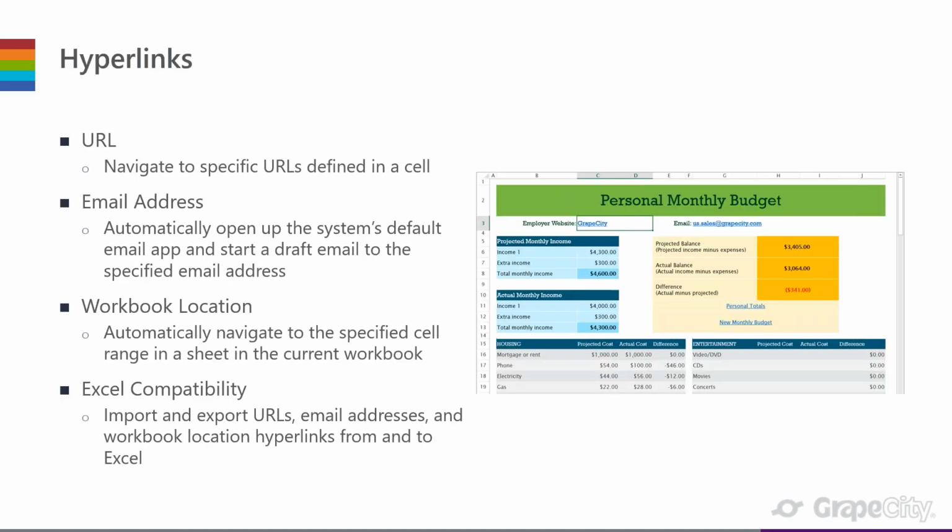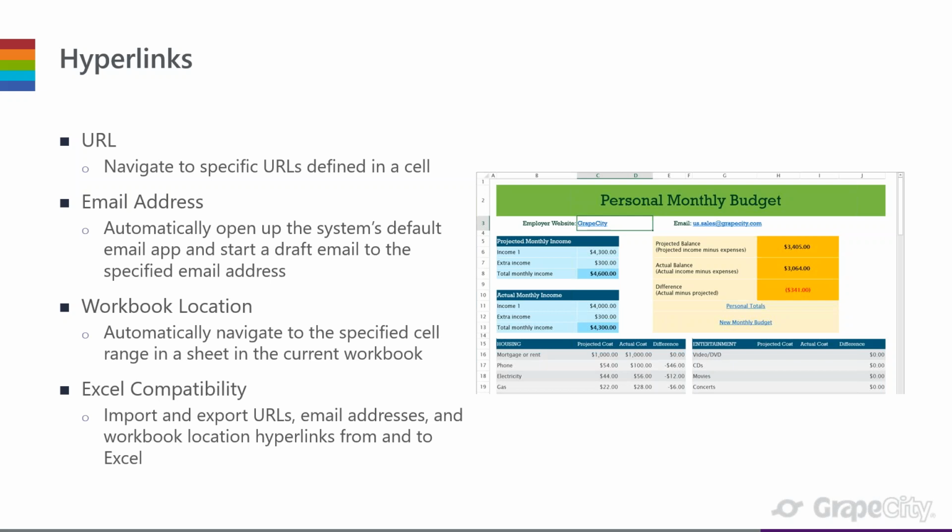To start off, we'll talk about the new hyperlink feature. We have always had hyperlinks in SpreadJS, but they were limited to a simple URL within a cell. With 13.1, we wanted to match Excel's hyperlinks and support import and export. The Excel parity part of this includes 3 different types of hyperlinks.